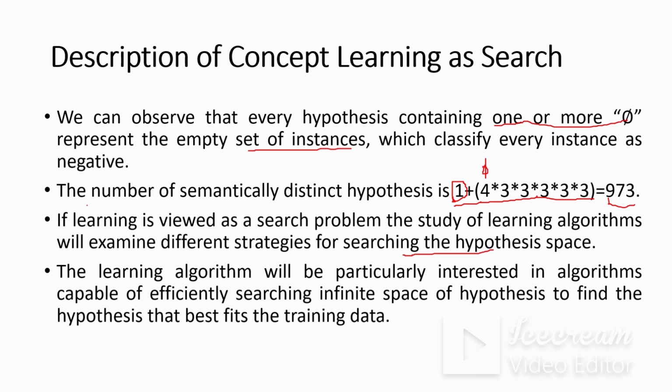Generally, any learning algorithm will be interested in algorithms which can efficiently search through an infinite space. But here, as we have a very small problem, we will be finding algorithms where we can search through 973 distinct hypotheses. So now we have to look at the strategies that we are going to use for searching through the hypothesis space.